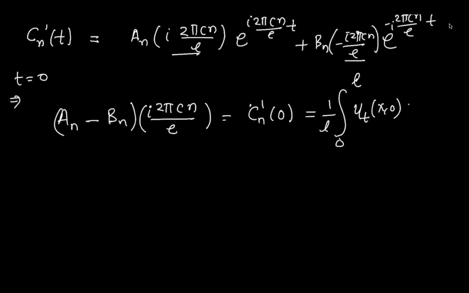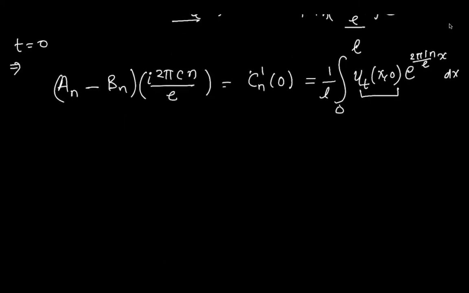Then e raised to the power 2 pi i n over L x dx. This function is g(x) because this is another initial condition. So this is 1 over L, integral from 0 to L, g(x) e raised to the power minus 2 pi i n x over L dx. This is g hat.